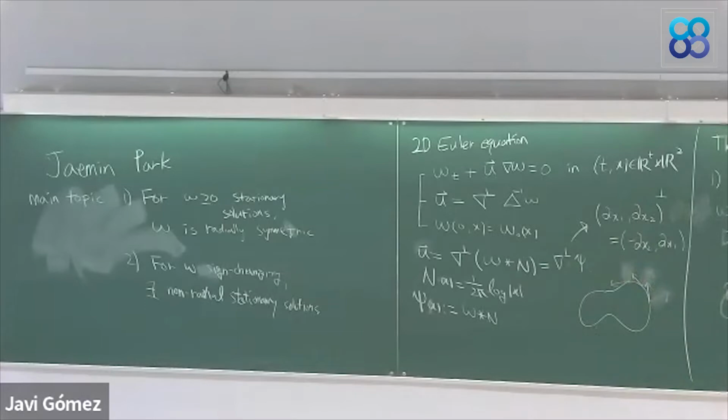Right. So in this case, if we ignore this part, this means that psi, the stream function, is constant on the boundary. That means the boundary of the patch is the level set of the stream function, so the velocity vector is always tangent to the boundary.